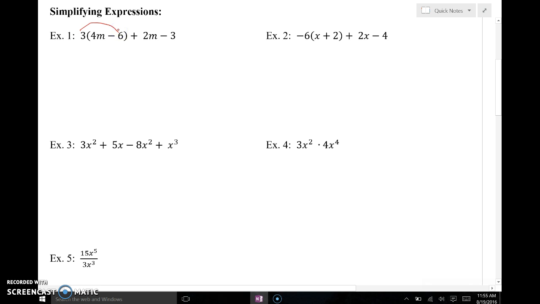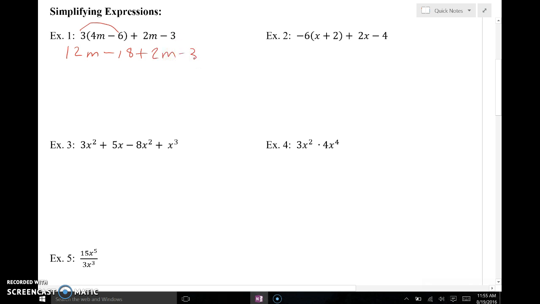First things first, 3 times 4m and 3 times negative 6, that's what the result of this is going to be. 3 times 4m is 12m, and 3 times a negative 6 is negative 18. Remember that subtracting 18 is the same as adding negative 18. Alright, we're going to move everything else down because it hasn't changed at all.